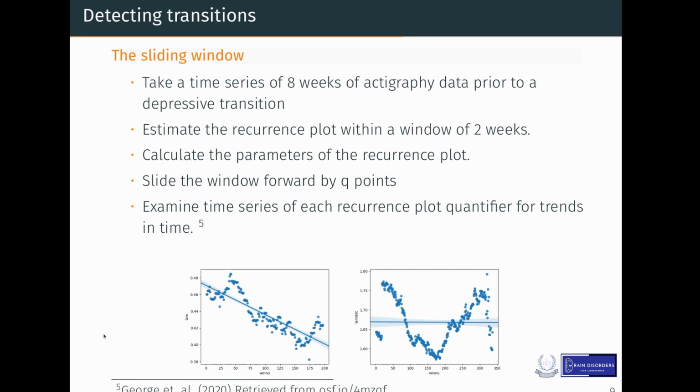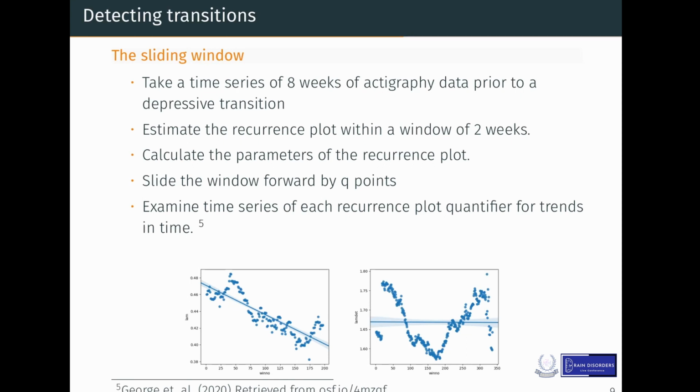And on the right, you see someone whose trend wasn't significant because it seems to go up and down, up and down. So it is not as significant as the trend on the left. And that's what we're interested in. We're trying to see when people have these trends and whether these trends precede a transition towards depression.